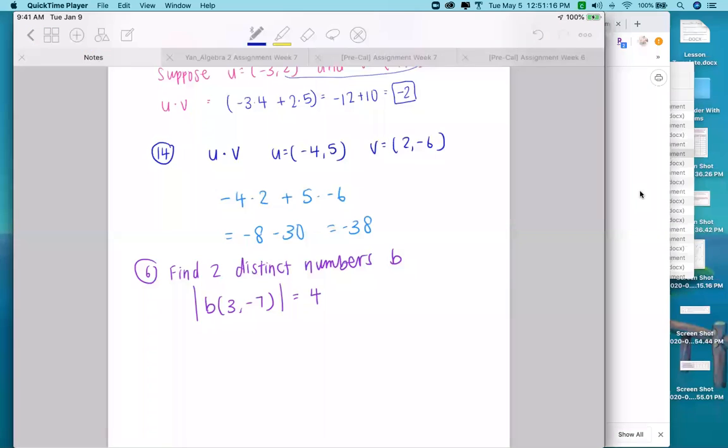They mean magnitude. We have to figure out the magnitude first, and then set it equal to 4, because magnitude is a number. If I have a number b, we multiply it into 3 and negative 7. So it's 3b, comma, negative 7b, and that's my vector.